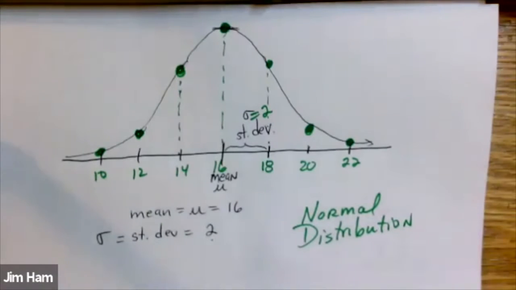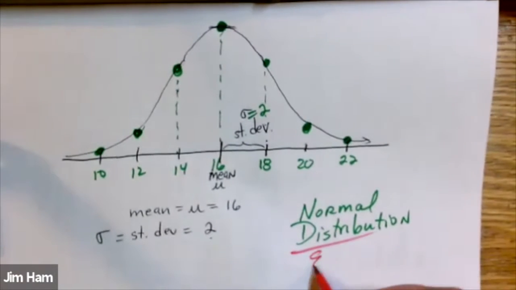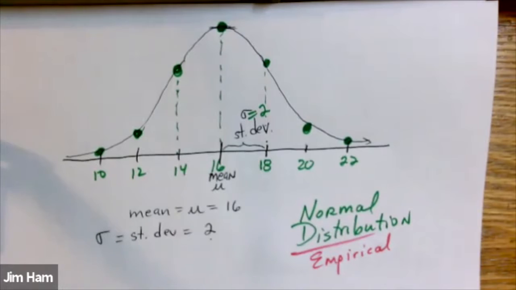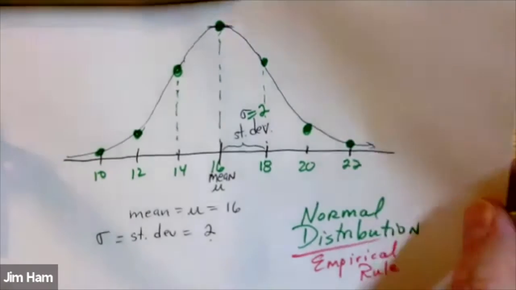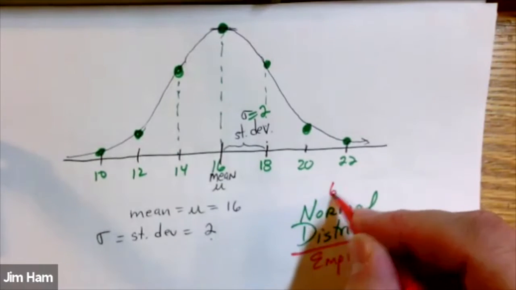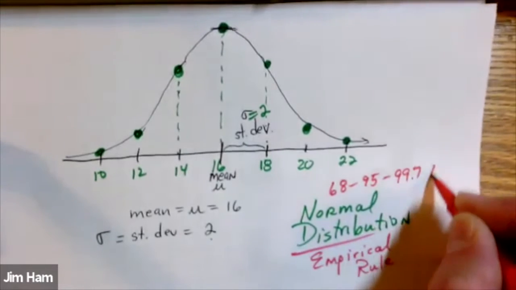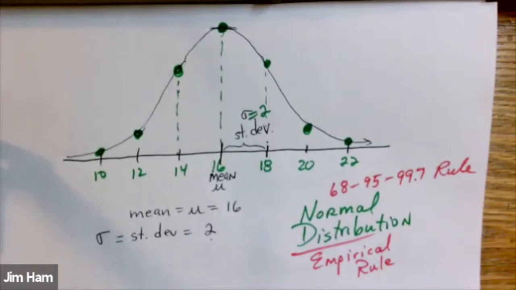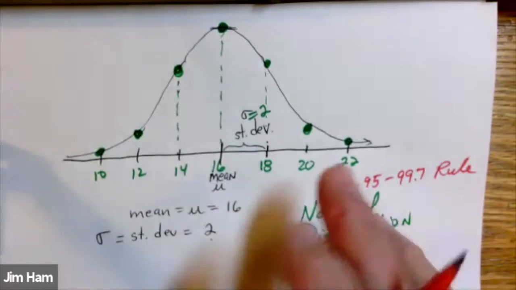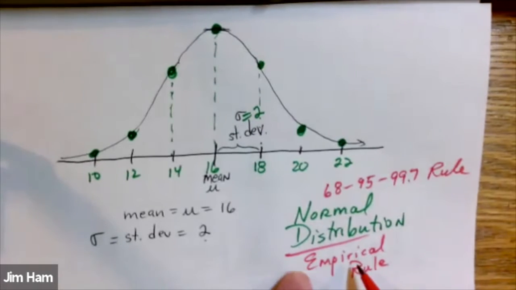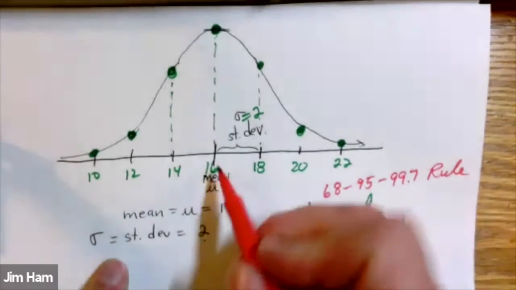Now there's this empirical rule, and the empirical rule deals with normal curves like this. The empirical rule is sometimes referred to as the 68, 95, 99.7 rule. There are so many different data sets out there that conform to a bell-shaped curve like this that they've studied it in a lot of detail. Here's what this means. Here's the mean.